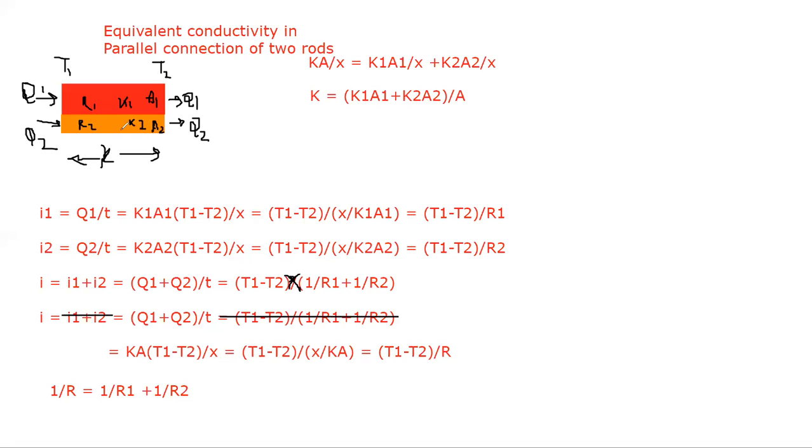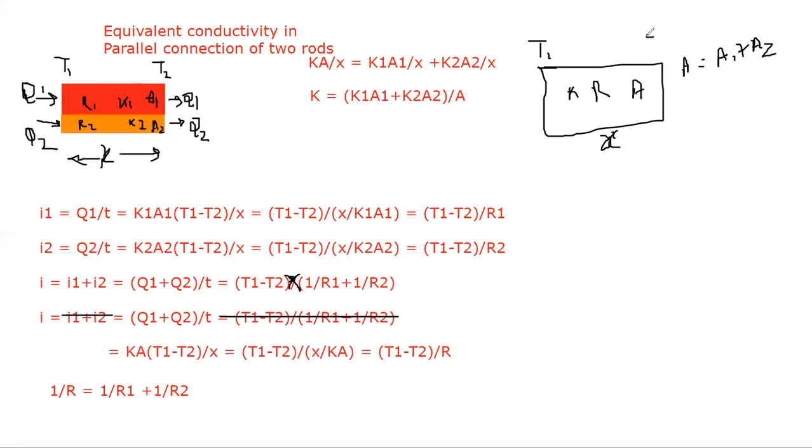Okay. So now if we take another bar of total cross-sectional area A, which is equal to A1 plus A2, right? If we take a total composition bar, a single bar, whose conductivity is K and thermal resistance is R and length is X, and the temperature difference is maintained between T1 and T2, and the total amount of heat flowing through this is Q, which is equal to Q1 plus Q2, then we can write this equation.